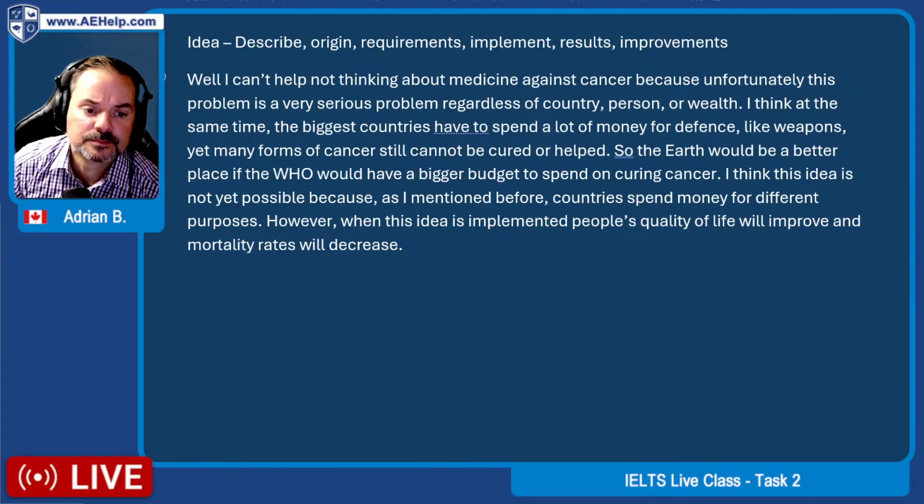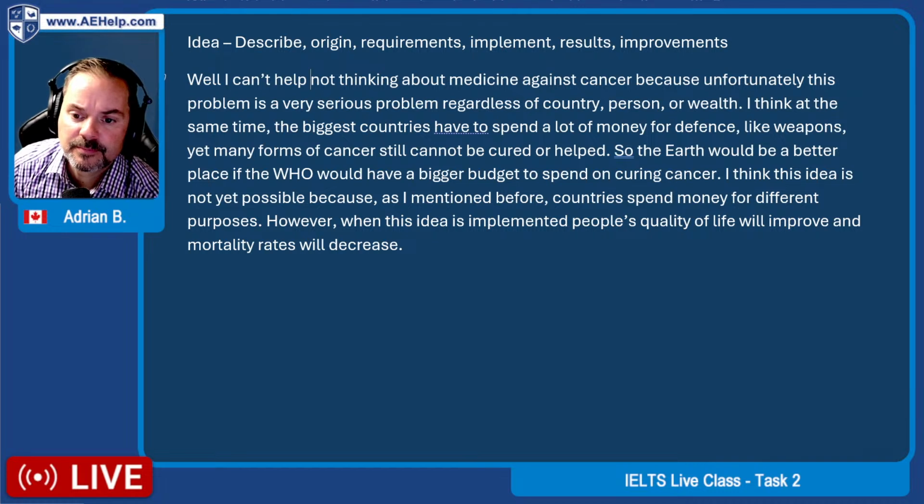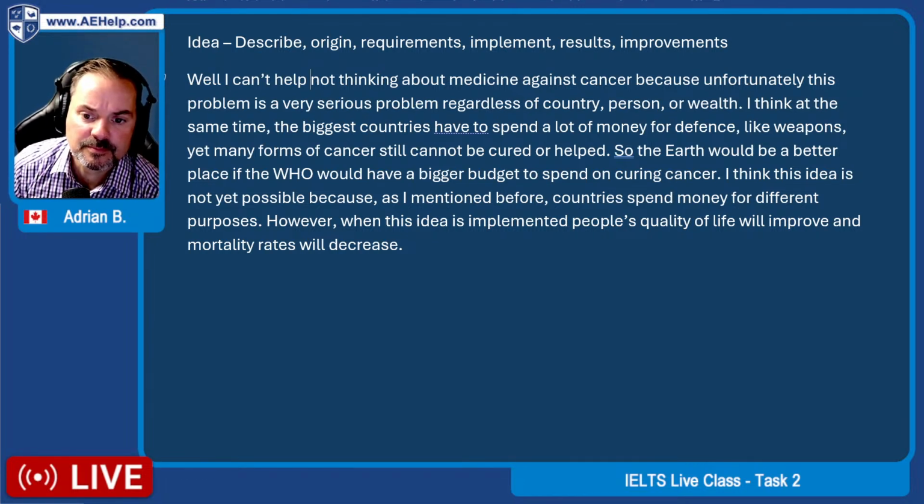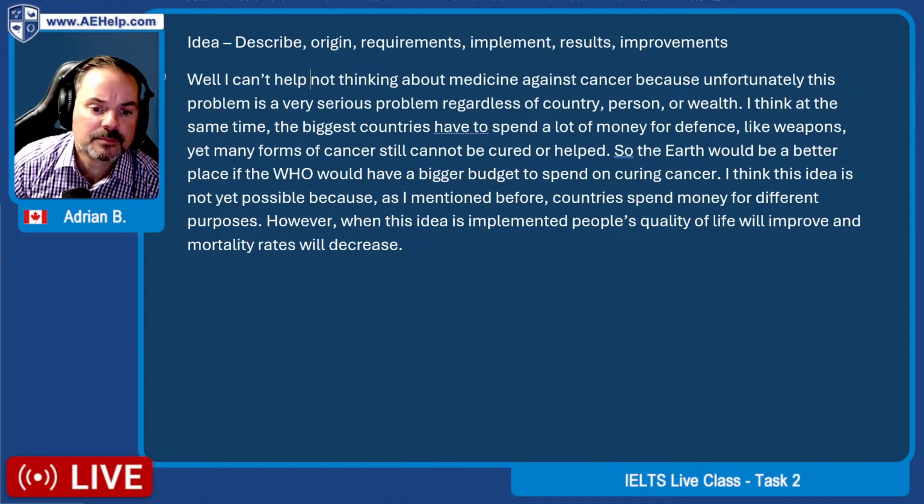So the Earth would be a better place if the WHO, World Health Organization, had a bigger budget to spend on curing cancer. I think this idea is not yet possible because, as I mentioned before, countries spend money for different purposes. However, when this idea is implemented, people's quality of life will improve and mortality rates will decrease.